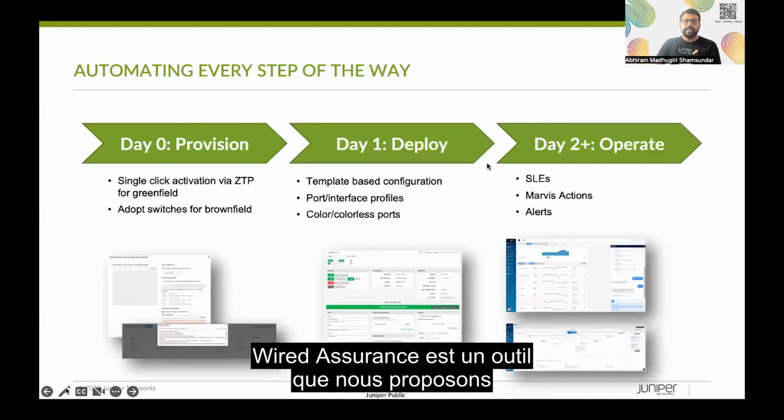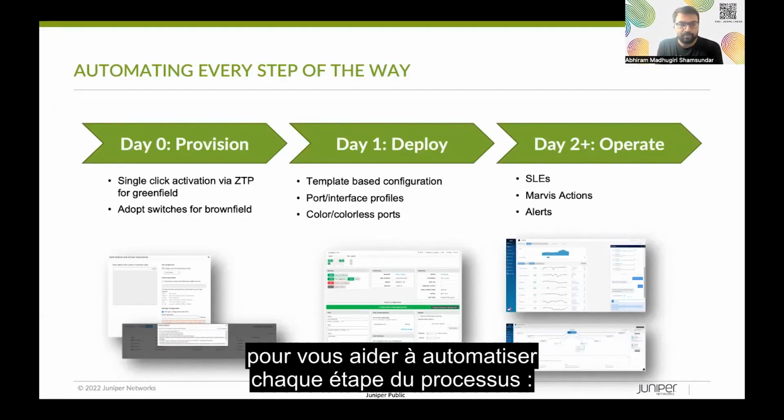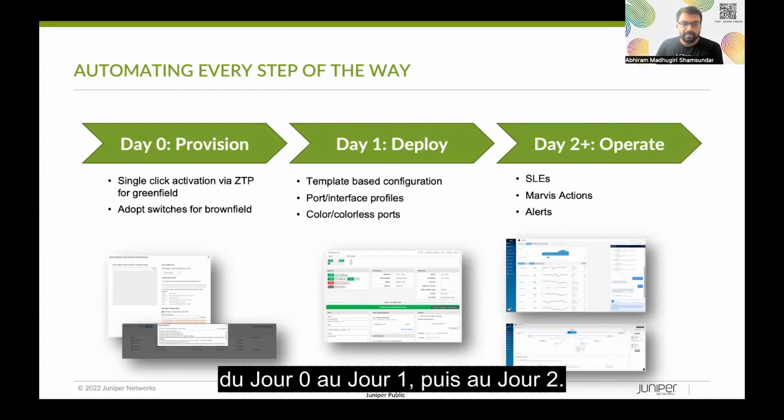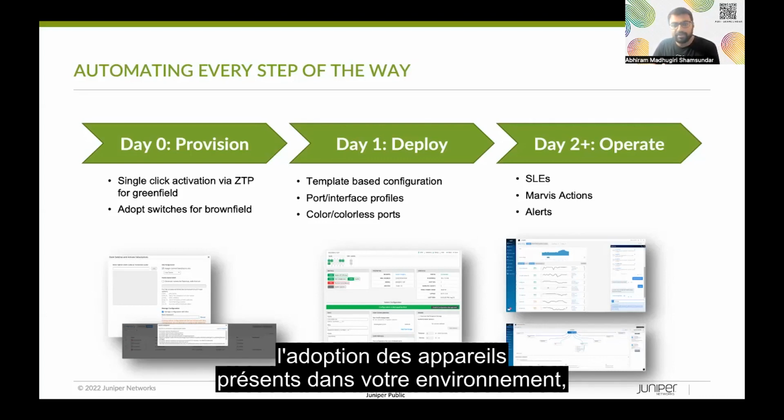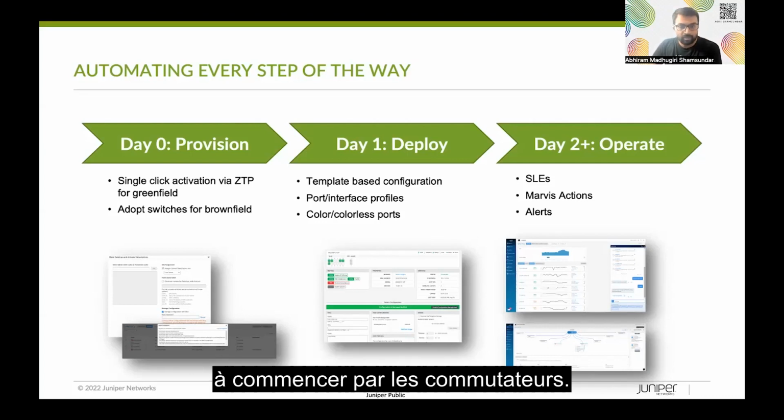Wired assurance is one of our ways to say we can help you automate every single step of the way in all things day zero, day one, and day two. For us, day zero is about automation of provisioning and adoption of existing devices in your field, primarily focused on the switching network.